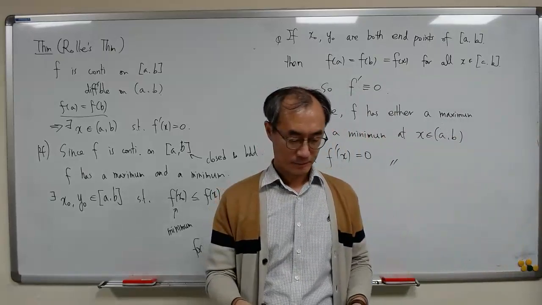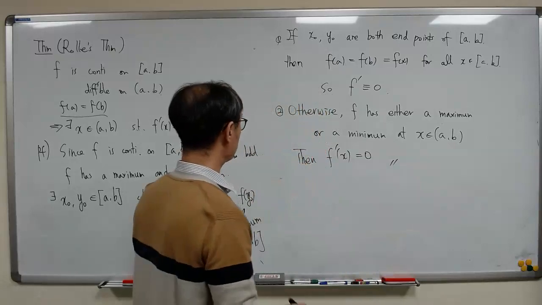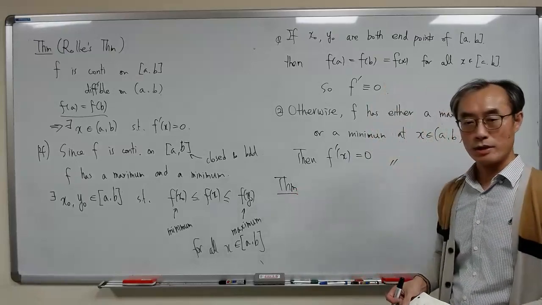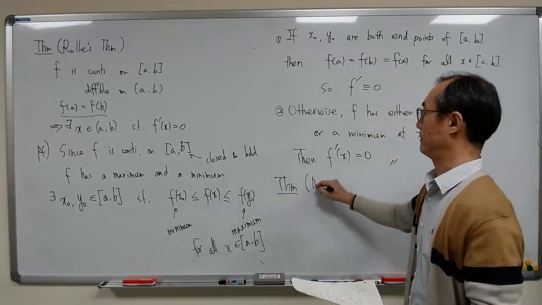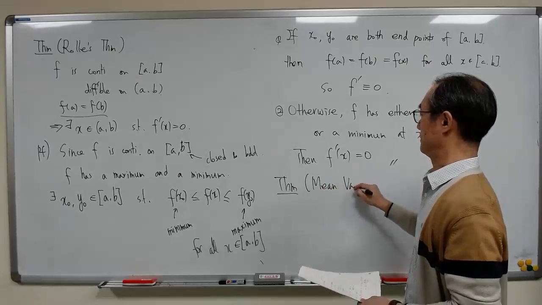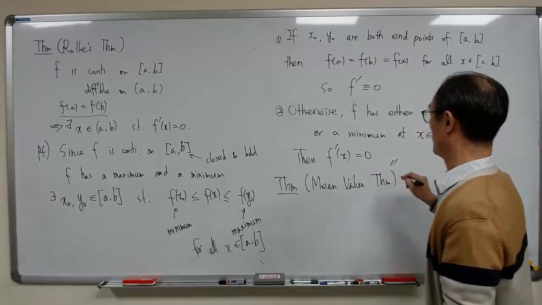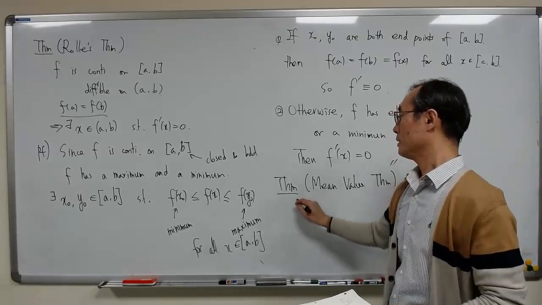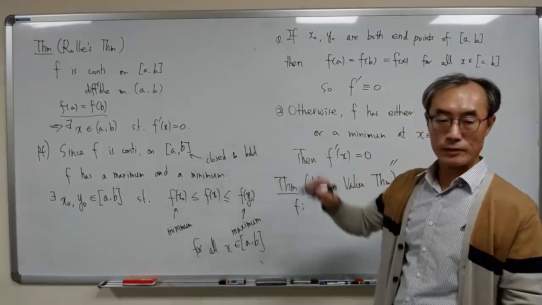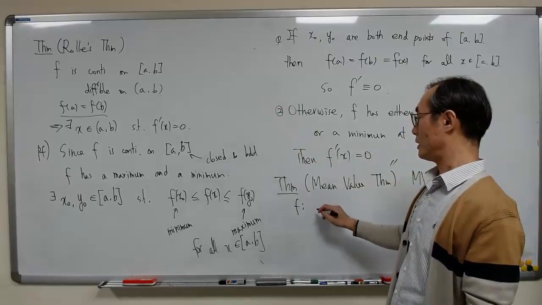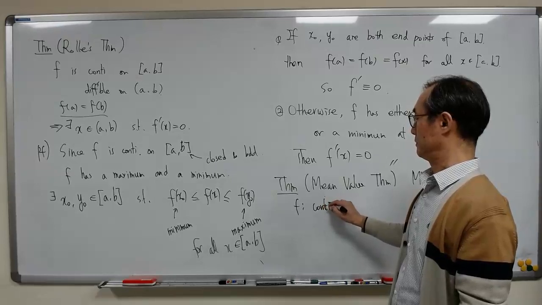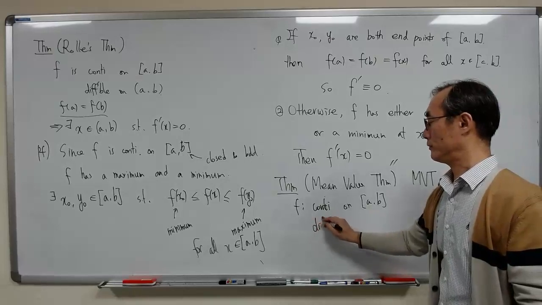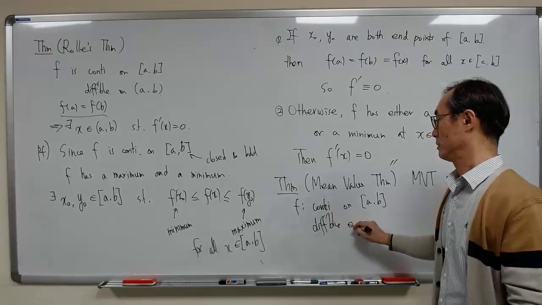Okay, that's the proof of Rolle's theorem, and you can easily generalize this situation to the mean value theorem, or MVT in short. Here, the condition for function f is the same as before. Function f is continuous on the closed interval, and the function is differentiable in the open interval.